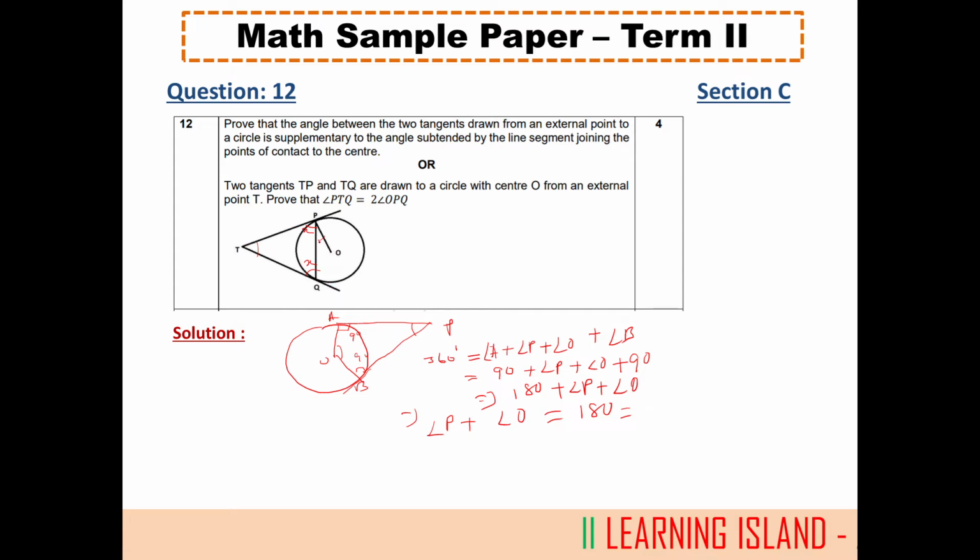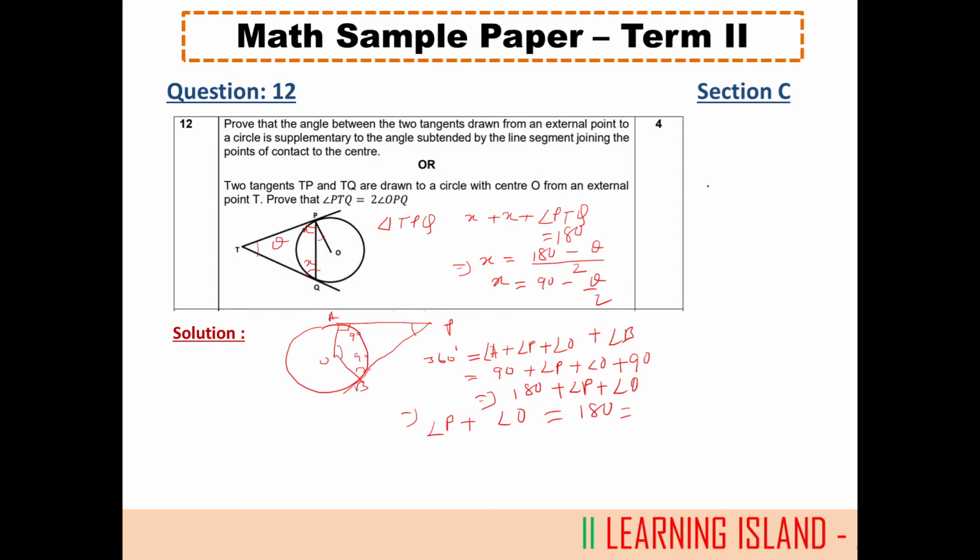In an isosceles triangle, the angles opposite the equal sides are the same. So from triangle TPQ, we can write X plus X plus angle PTQ equal to 180 degrees. If angle PTQ is theta, then X is 180 minus theta, divided by 2. So X is 90 minus theta by 2.